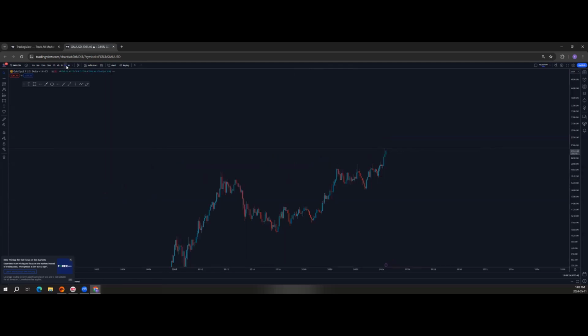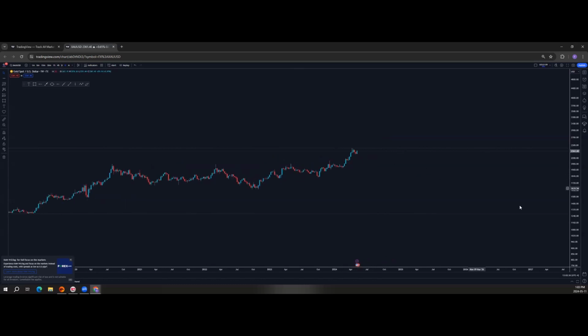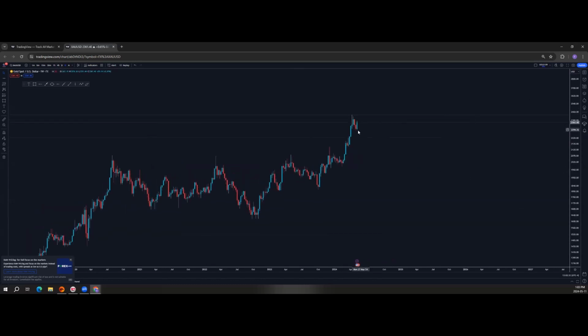You go down to weekly, and you get an idea: I see a support being formed here because we got a bullish engulfing candle. We made a previous high here, and there's likely potential to continue retesting this high at 24.37, right?